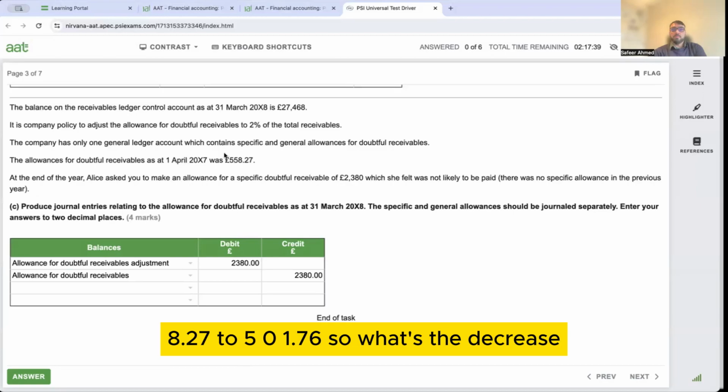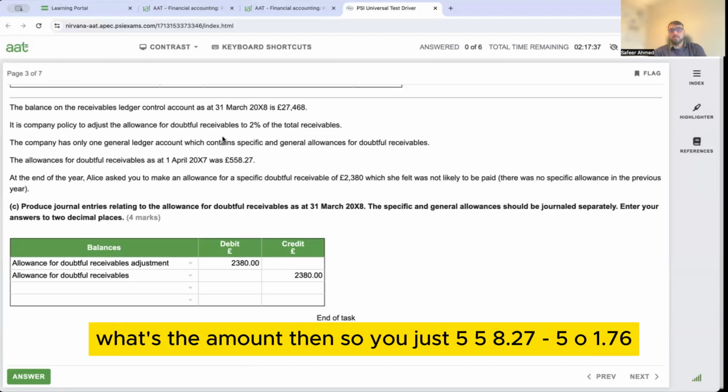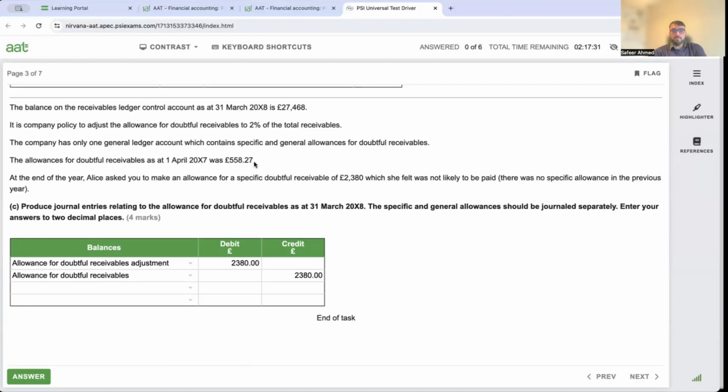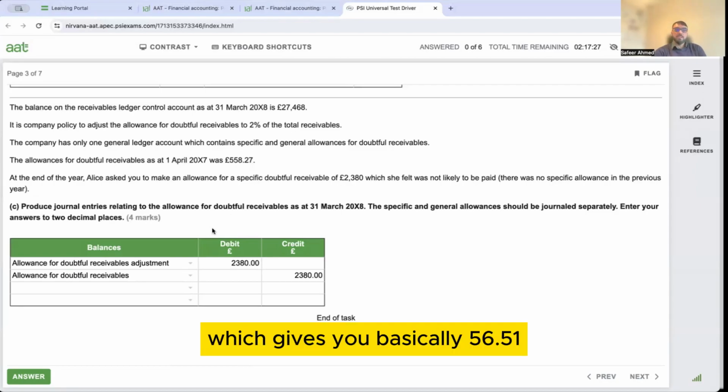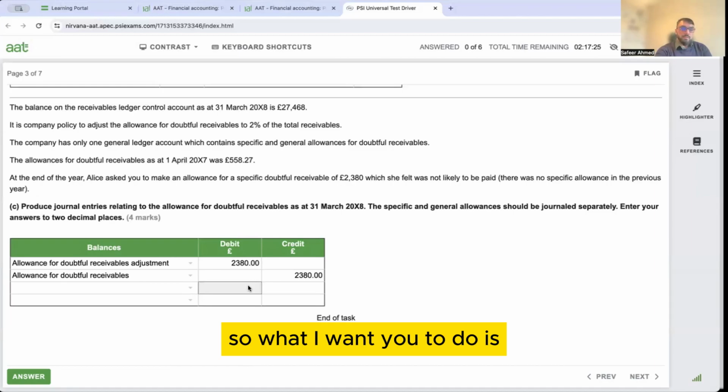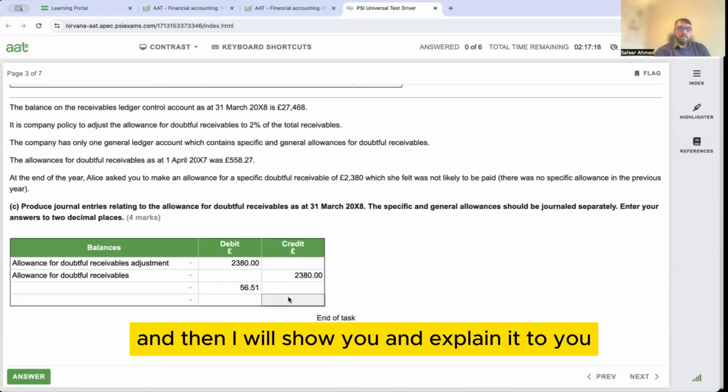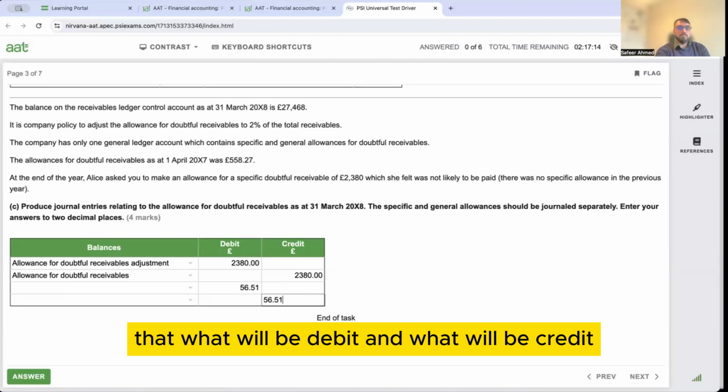So what's the decrease amount then? 558.27 minus 501.76 gives you 56.51. So what I want you to do is record the entry here, first of all the amounts, and then I will show you and explain what will be debit and what will be credit.